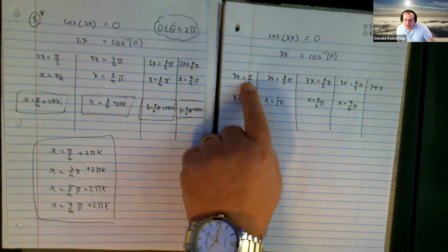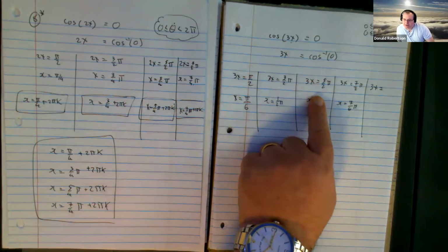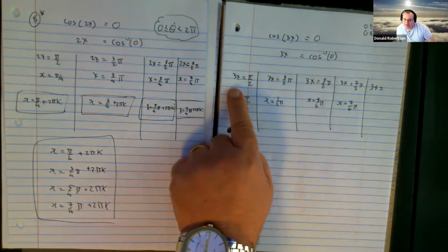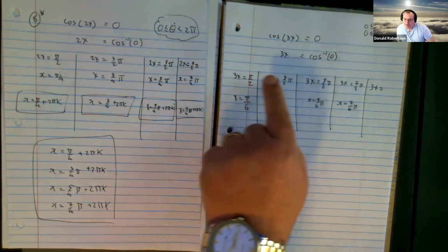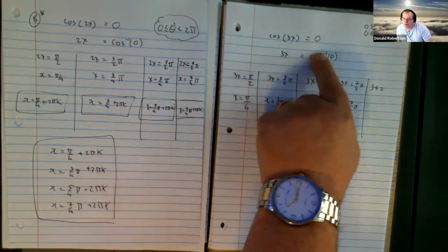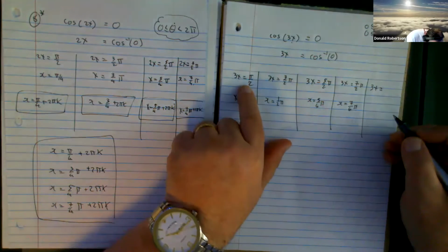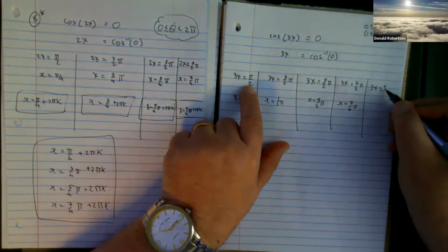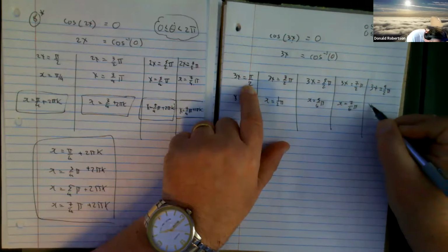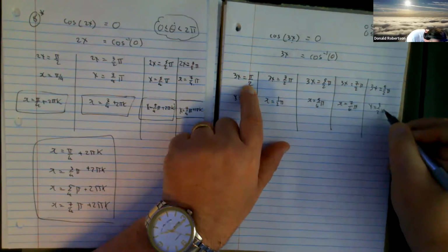I did this guy and I added 2 pi to get this guy. Instead of adding 2 pi, couldn't I go and add 4 pi, right? Just keep on going round the circle until I don't need to do it anymore. So if you go round that, you get 9 halves pi, and that gets you 3 halves pi.